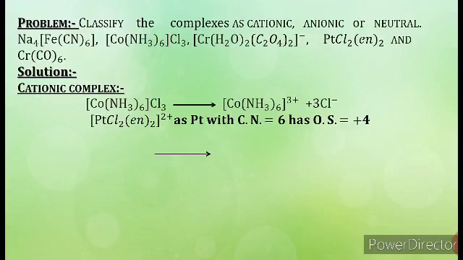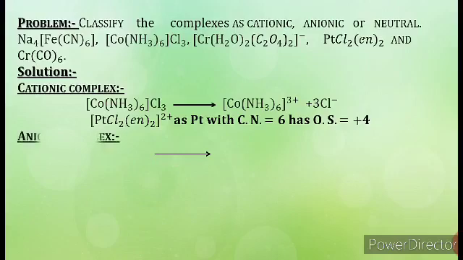Still 2 positive charges of platinum remain unsatisfied. As platinum's coordination number is 6, it should possess oxidation state +4, and that's why this sphere carries a net positive charge 2+, and so it also comes in the category of cationic complex.